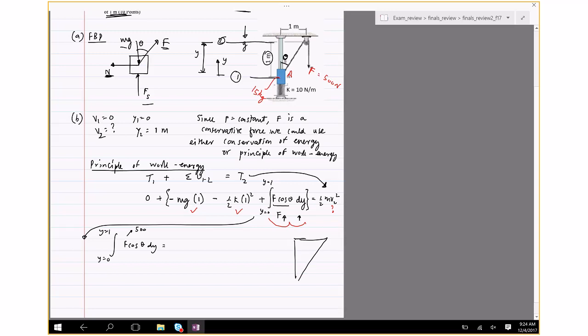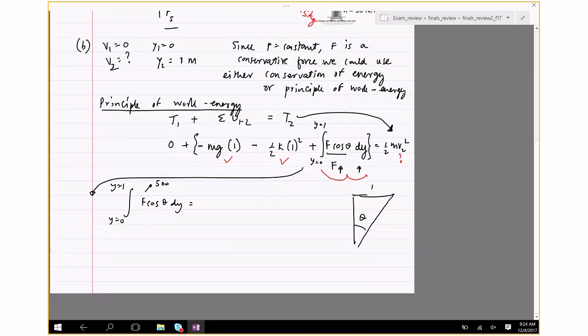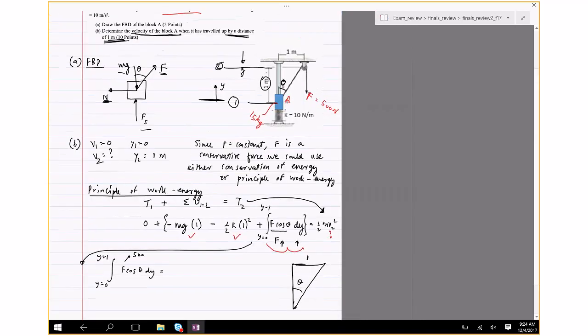My bad. This shouldn't be y. y is the motion from here. So this is theta. This is 1. And you're also given that this is 1 meter, right? So this distance is 1.